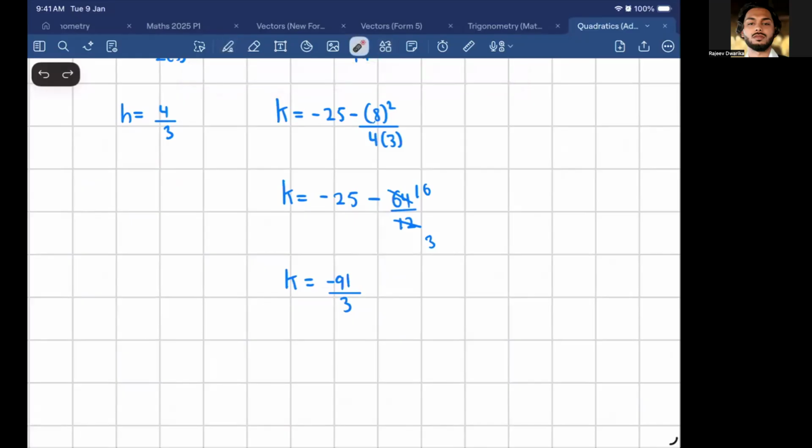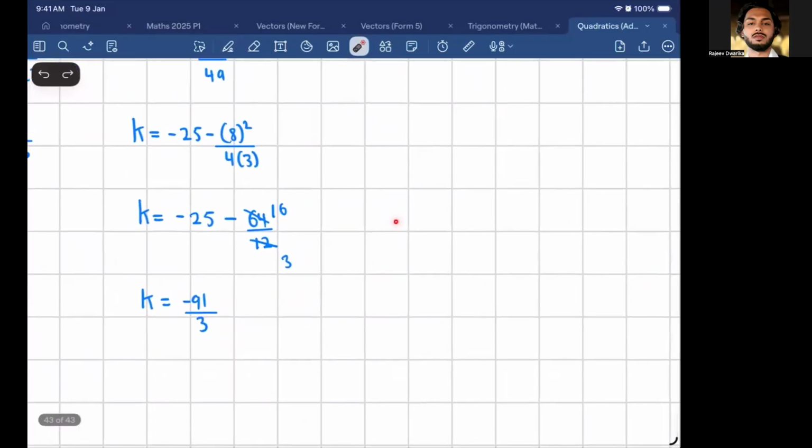So, Serena, do you understand that you can only add the numerators once it's the same denominator? And you know that? So if I want to write minus 25 as a number over 3, I would need to multiply minus 25 by 3 as well. So minus 25 by 3 is minus 75, and minus 75 minus 16 is minus 91 over 3.